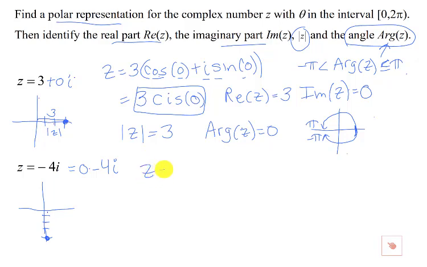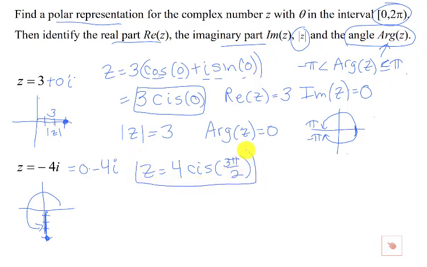So writing it in polar form, the modulus, how far away it is there, is 4, and then we can do the CIS, and the angle between 0 and 2 pi would be around like this, which would be 3 pi halves. So there it is in its polar form. The real part of the number is 0, and the imaginary part is negative 4.